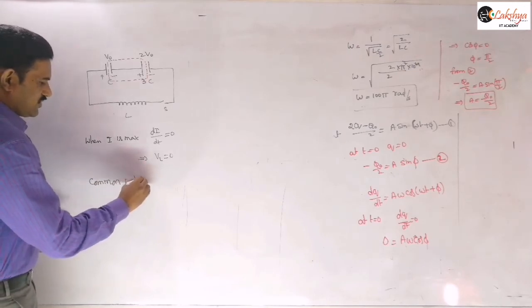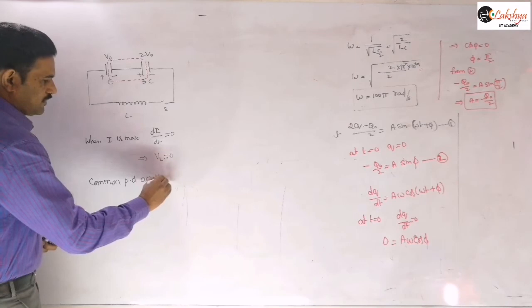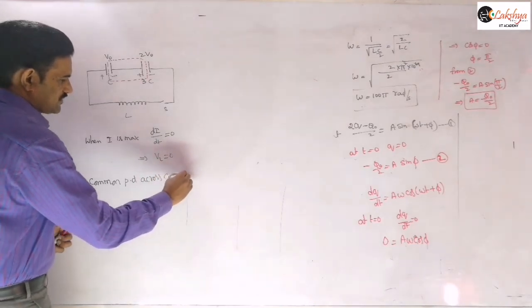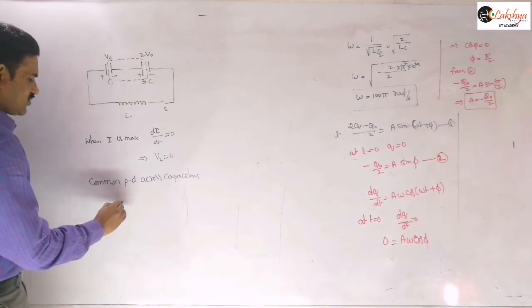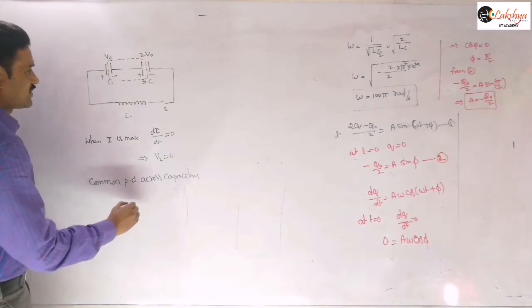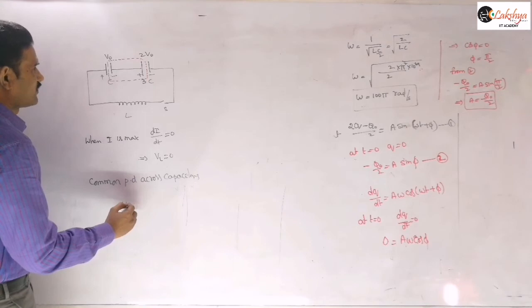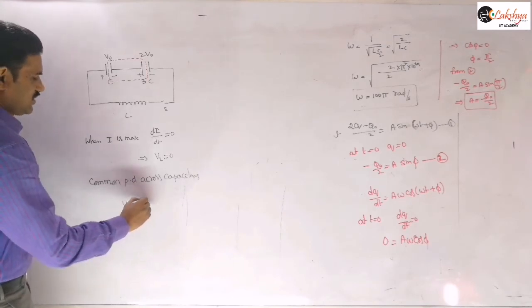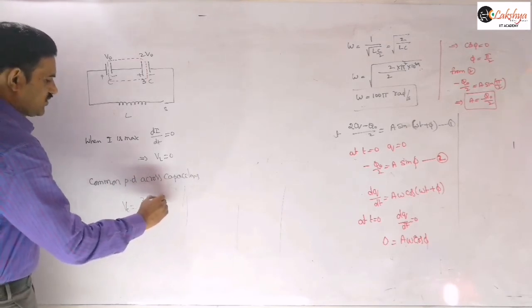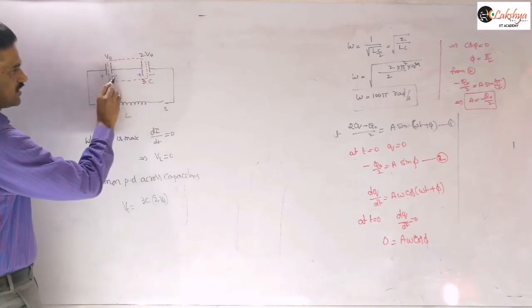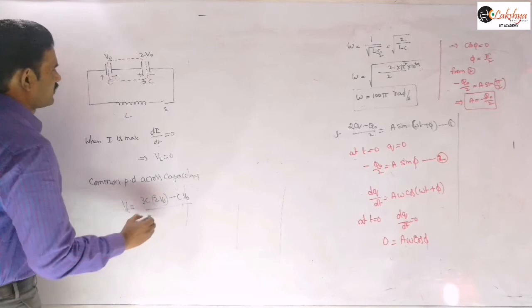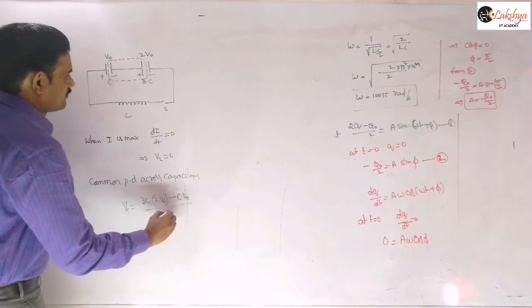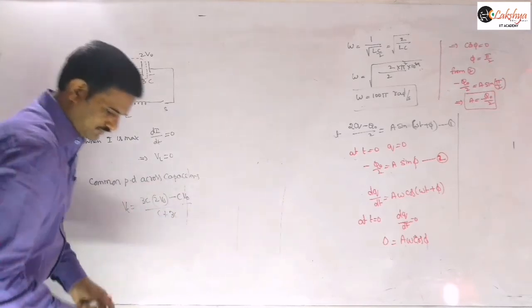Common potential difference across the capacitors is nothing but total charge by total capacitance. So 3C into 2V0, that is the plus charge here, and this is minus C into V0, by C plus 3C, right?